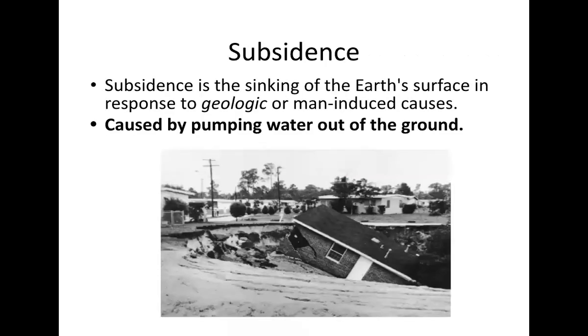Next word is subsidence. This is the sinking of the Earth's surface in response to geologic or man-induced causes. Man-induced, that means us. This is caused by pumping water out of the ground, because if the ground doesn't have parts of saturation, things like this can happen, similar to a sinkhole.